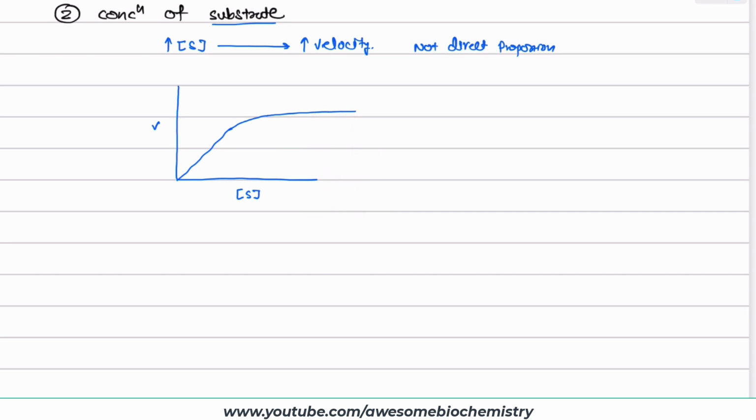Why is it happening? In the first part, when enzyme is unsaturated with the substrate, as we go on increasing substrate concentration, velocity also increases proportionately. But after some time, enzyme will start getting saturated, right? So a curve will be observed where substrate concentration is increased, but velocity is not increased in that proportion.